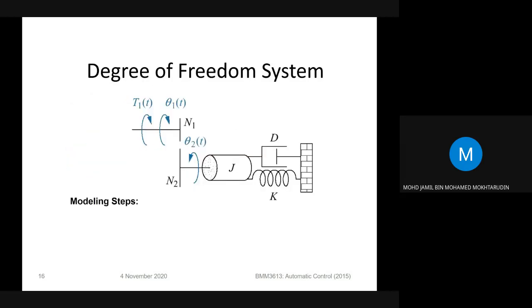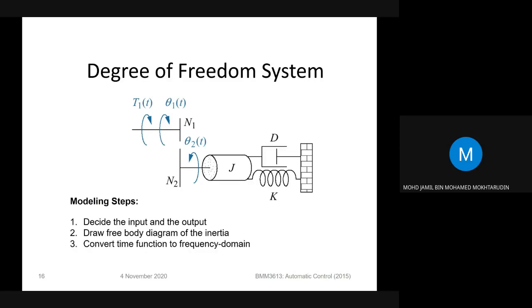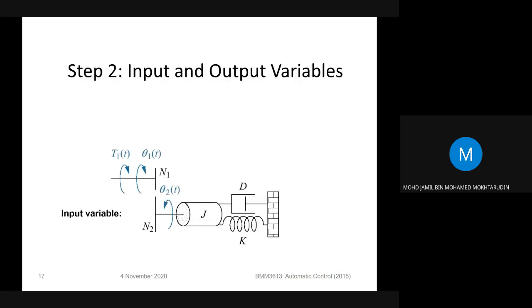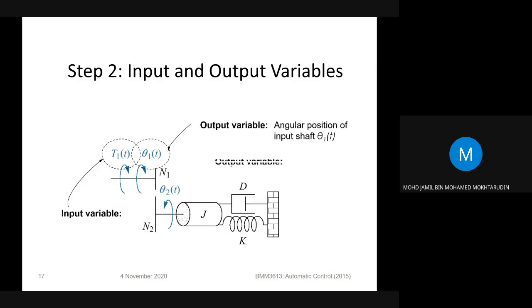So the same modeling steps: first you decide input and output, then draw the free body diagram, then convert into time function, from time function to frequency function, and then obtain the transfer function. The input here is the torque T1 and the output is theta 1 or theta 2.